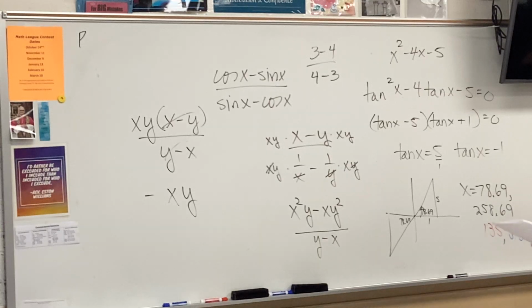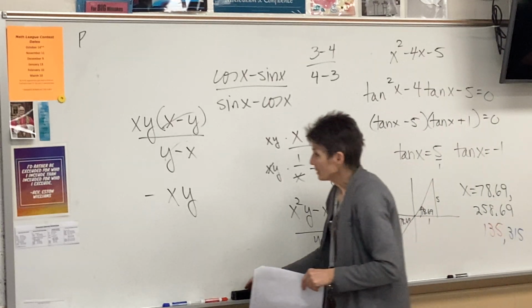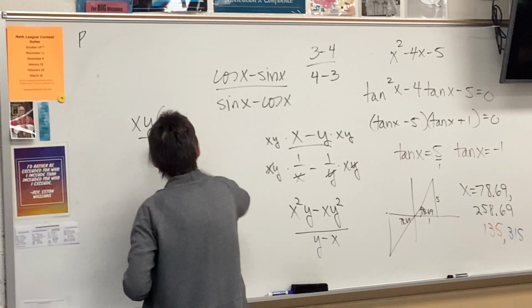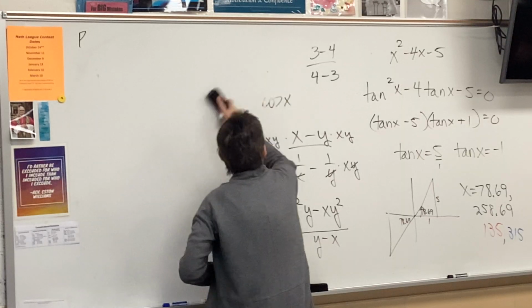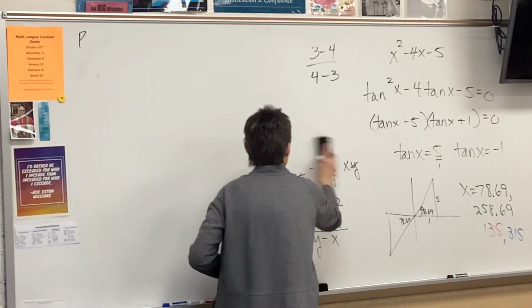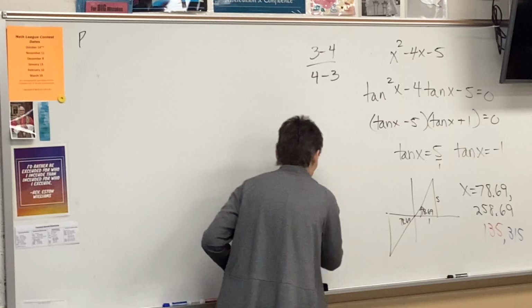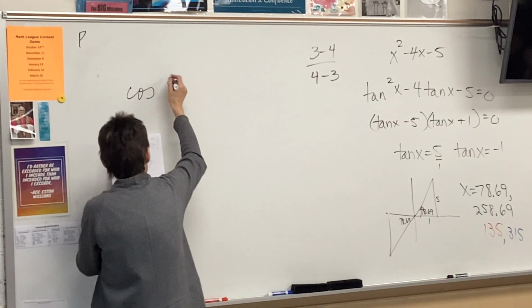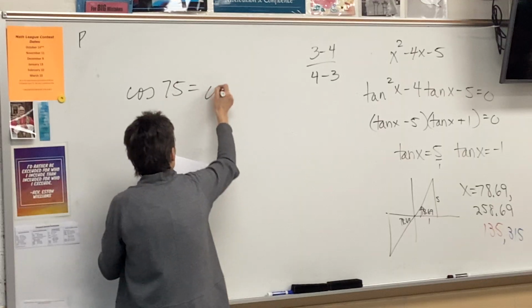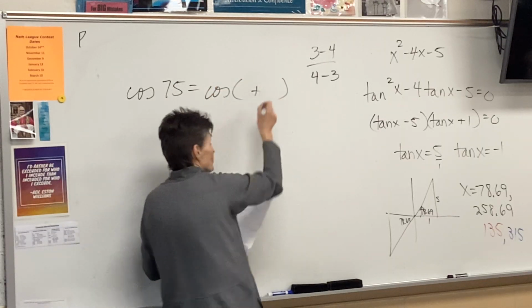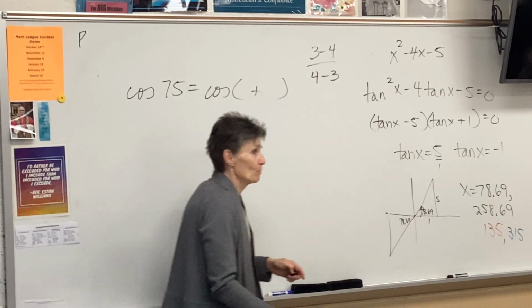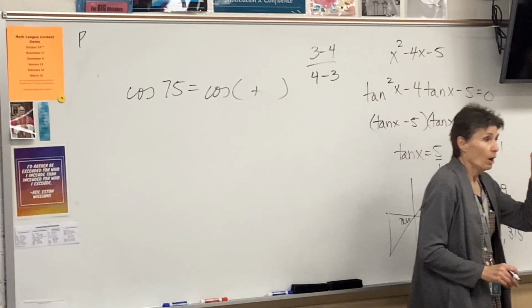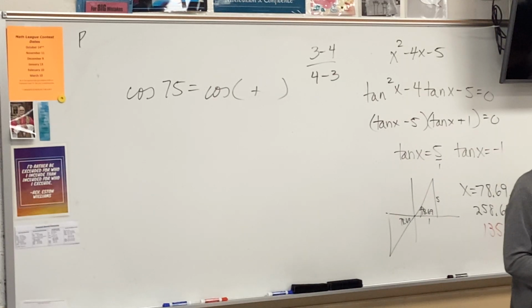6A says find the cosine of 75. There was one like this on the quiz. The first job is figure out from your list of special angles on your paper. We know 30, 60, and 45 are special.